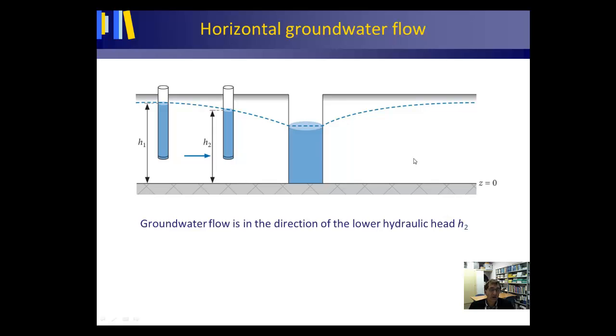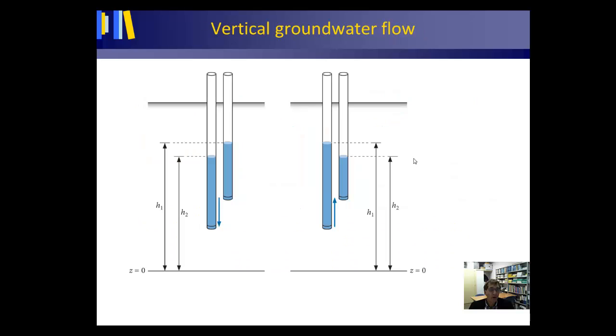This of course is horizontal groundwater flow, but if we were to install two piezometers close together in the subsoil, one with its screen deeper down in the subsoil and one with the screen not so deep down in the subsoil, then we could simply establish the direction of the water flow: water is always flowing from a high to a lower hydraulic head.